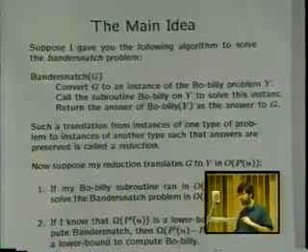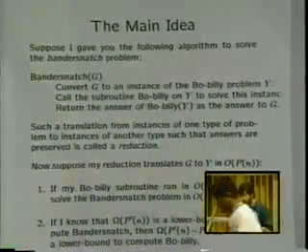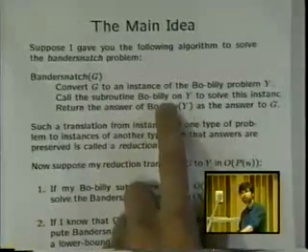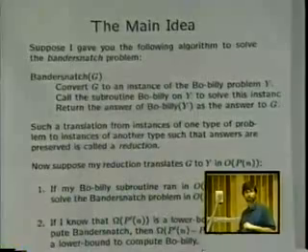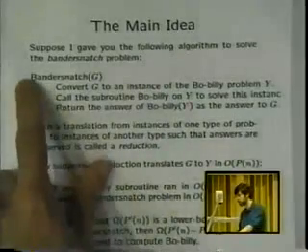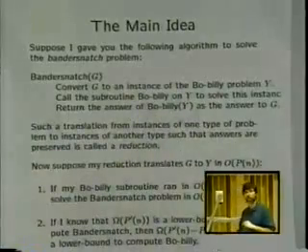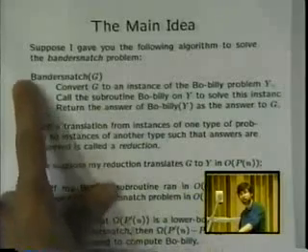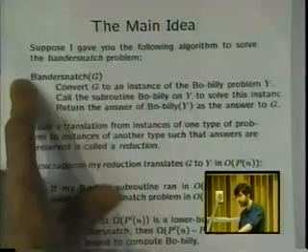But what's the implication? If we can translate our problem into some other problem, and we have a fast way to solve that other problem, that gives us a fast way to solve this problem. Bandersnatch can be solved quickly if mobility can be solved quickly, and we can do the translation quickly. But if we know that Bandersnatch is doomed to take a lot of time, we have a lower bound proof or some kind of an argument that Bandersnatch is definitely hard.